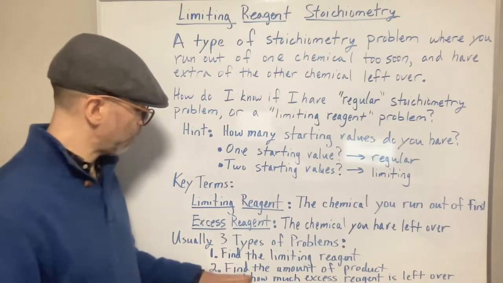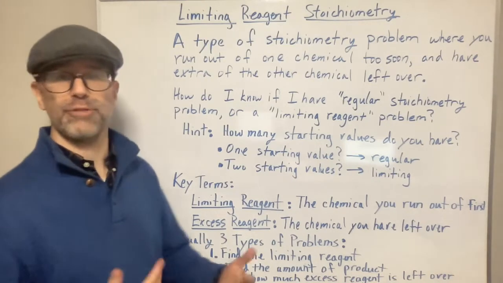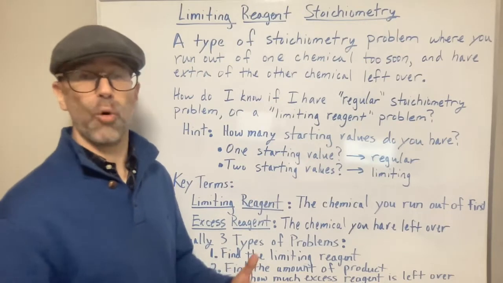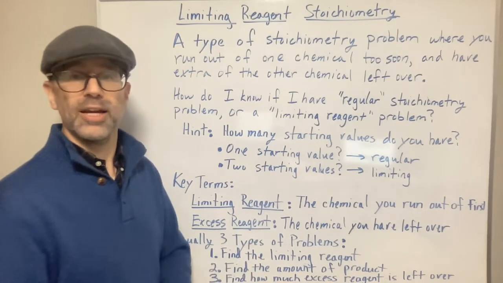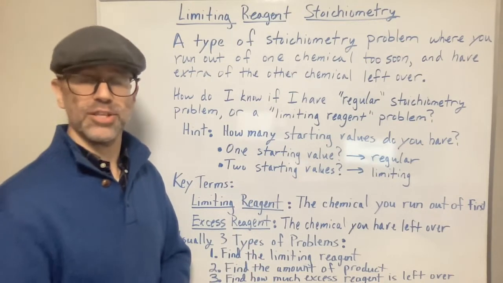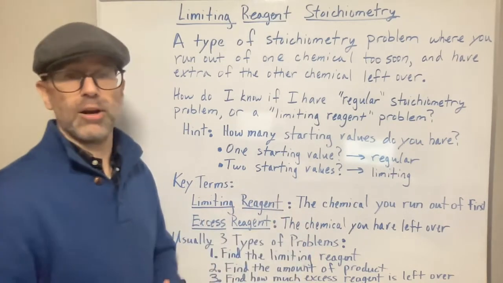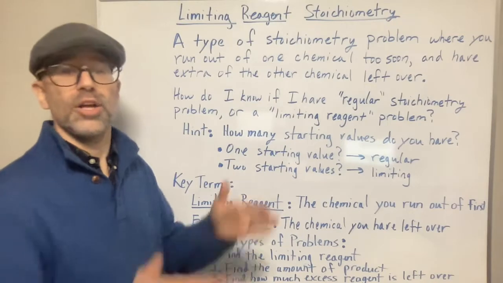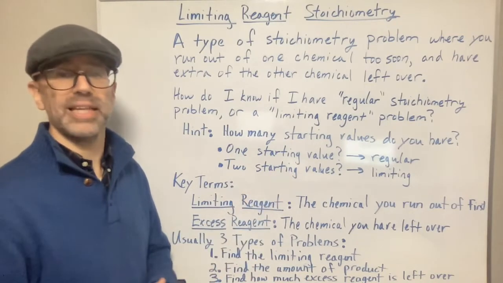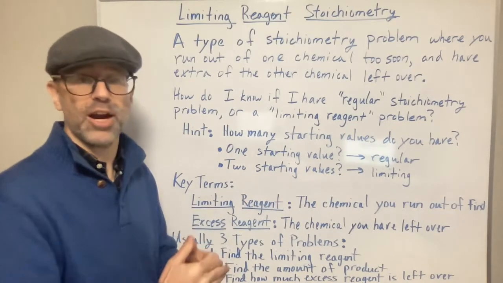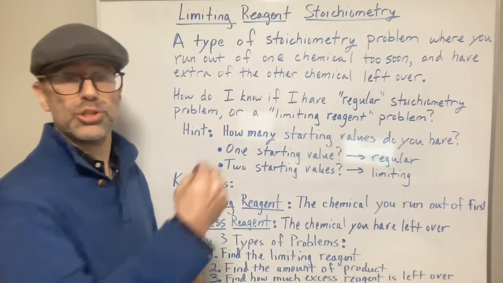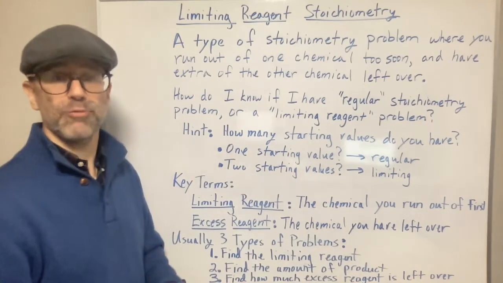The second type of problem is where they ask you to find how much product was formed from this combination of reactants. In that case, you have to first find out what the limiting reagent is, and then from there, use the limiting reagent to find the product formed.